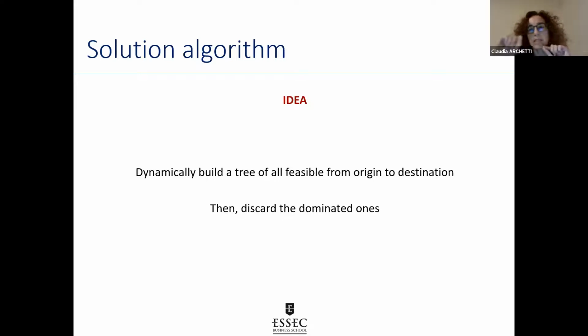So we dynamically build these partial paths, which are legs of the complete path. And we build multiple paths, and then we analyze all of them, and we just keep the best ones, the Pareto optimal ones, discarding the dominated ones.